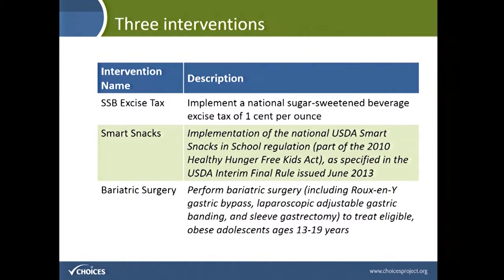A couple of interesting ones here. Smart Snacks, which is part of the Healthy Hunger Free Kids Act. It basically eliminates junk foods and beverages during the school day outside of lunch. Bariatric surgery is an interesting one because it has big effects on BMI. And here we just modeled out what would happen if you had a fourfold increase in the implementation of bariatric surgery among eligible adolescents with obesity, actually severe obesity.